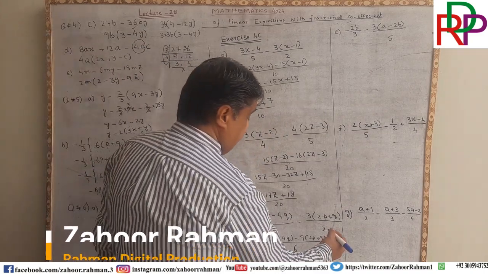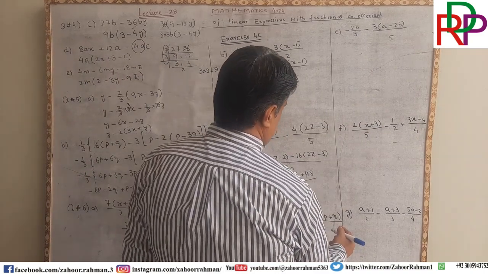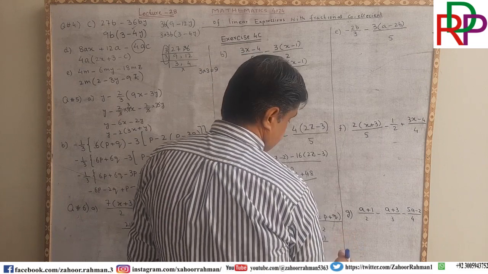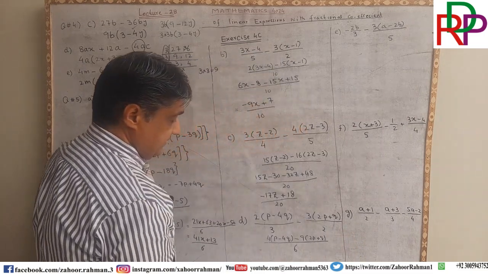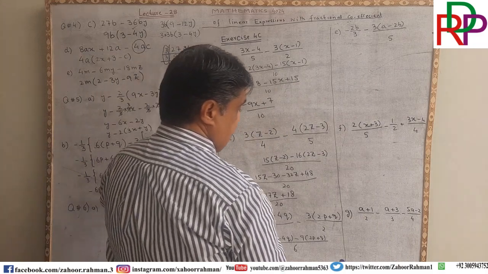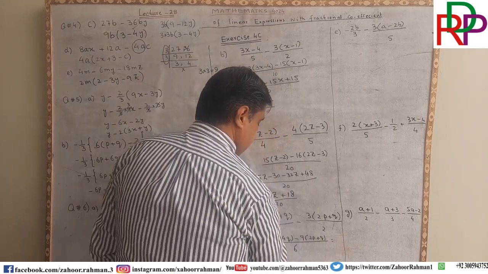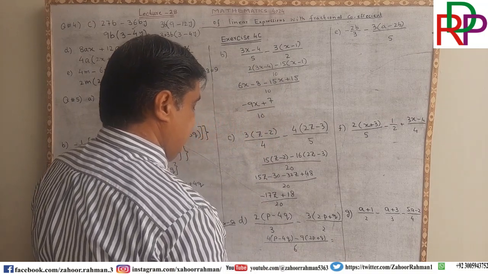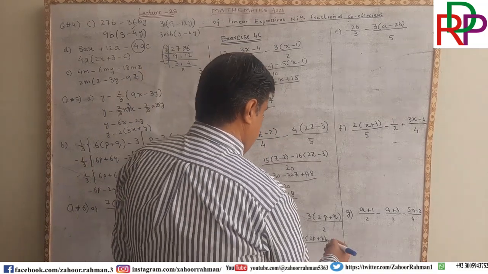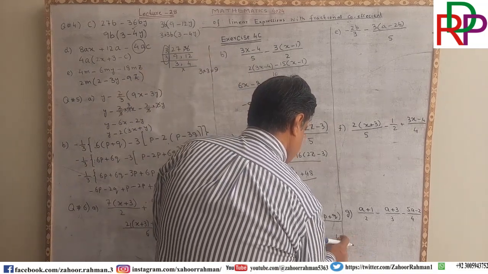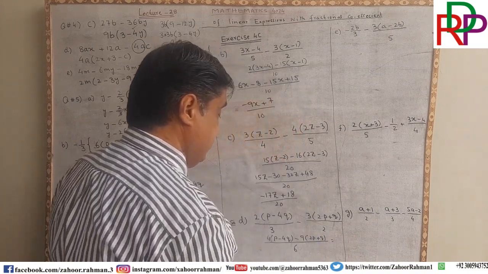So here I am writing it somewhere else because we don't have the space here. So let us do it here. 4p, I am doing it directly because we have less space.